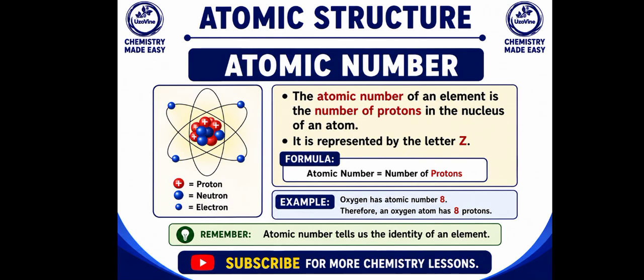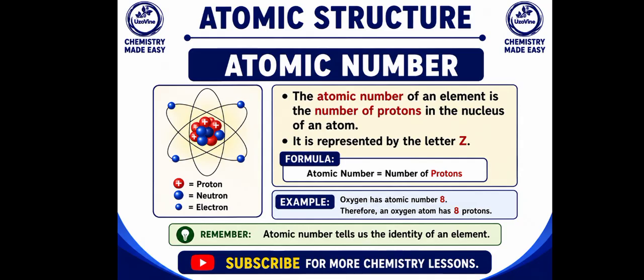A nucleus contains protons and neutrons, but the atomic number of an element is equal to the number of protons alone in the nucleus of that atom. It is represented by the letter Z. So formula: atomic number equals number of protons.